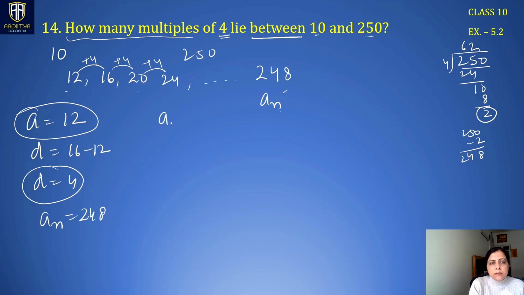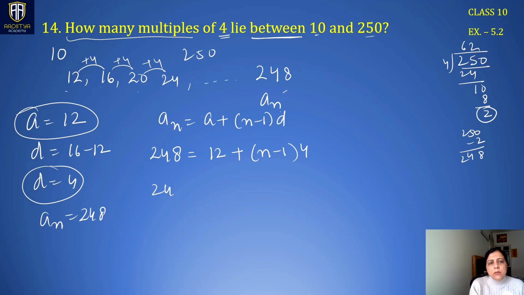So I am just using the formula. AN is A plus (N minus 1)D. So I am putting 248 as the value of AN. A is 12, N we have to calculate, and D is 4. 248 minus 12 is equal to 4 times (n minus 1).